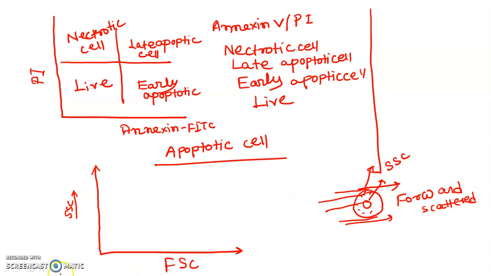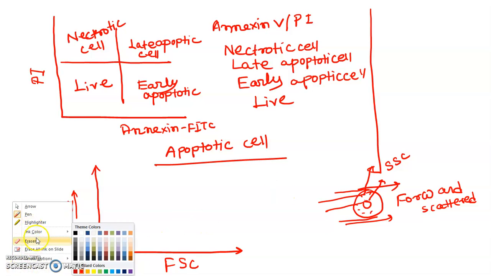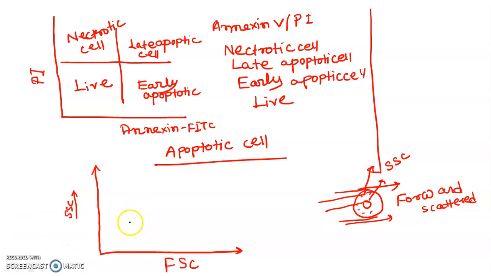Now if you perform the whole blood experiment, the blood cells will appear in this order: first from this portion, lymphocytes come, and then monocytes, and the large population comes last here, the granulocytes.